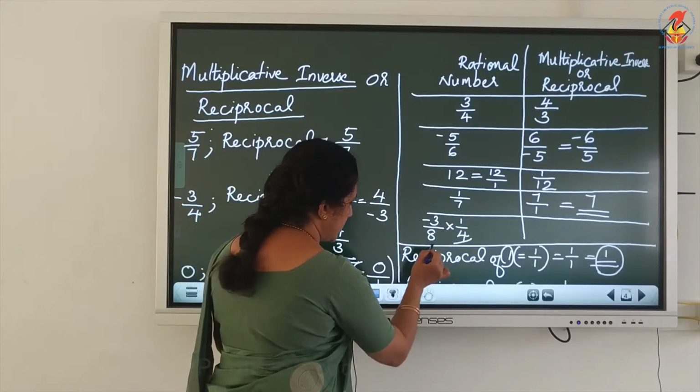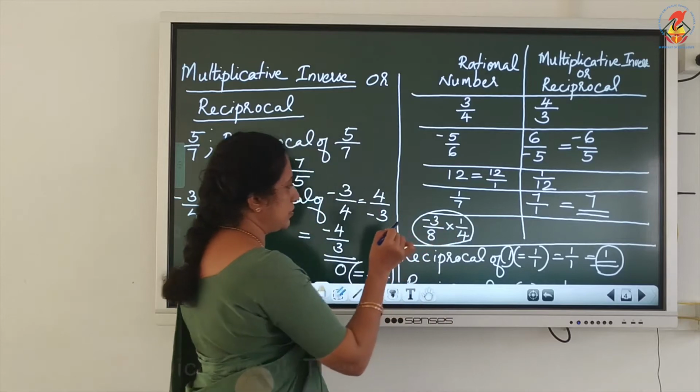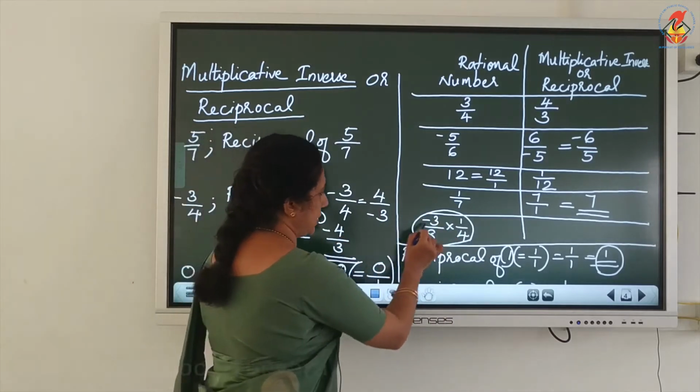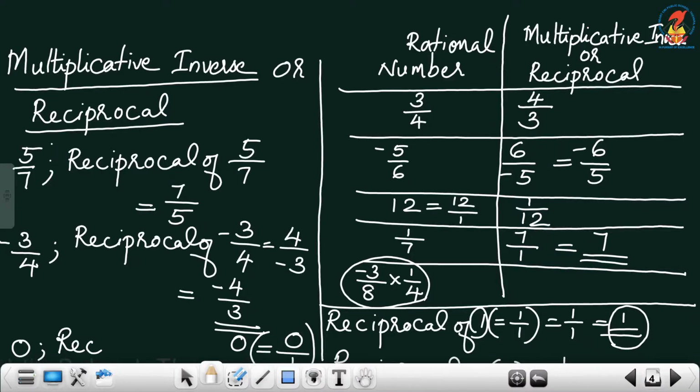If the question comes in this way, what you have to do is find the product of the two rational numbers, which is equal to negative 3 by 32. Then find the reciprocal of negative 3 by 32, which is 32 by negative 3. Now write it in the standard form. The standard form is negative 32 by 3.